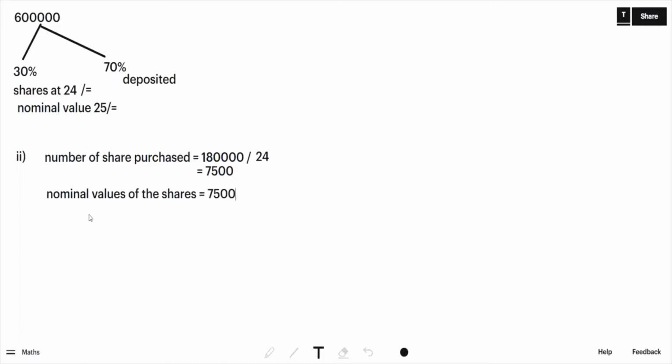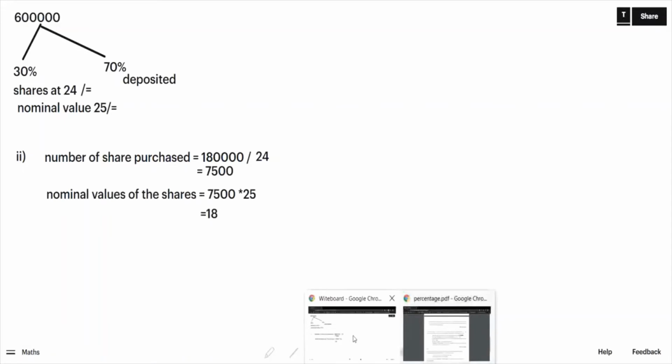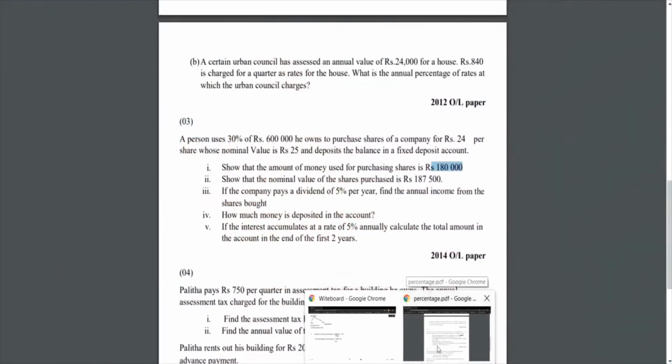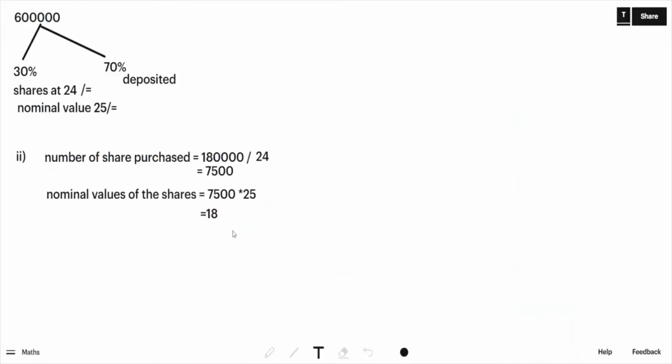Now he has 7,500 shares with a nominal value of 25. This would give us the nominal value of all the shares, 187,500.